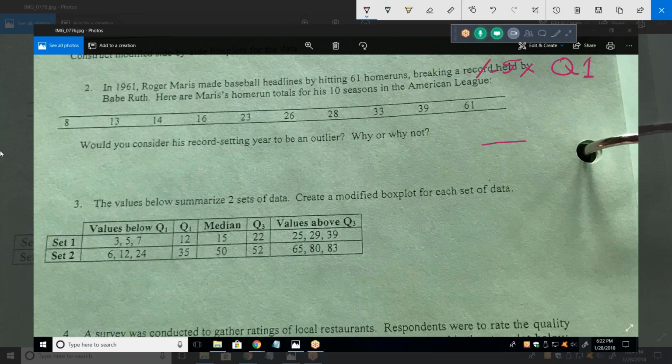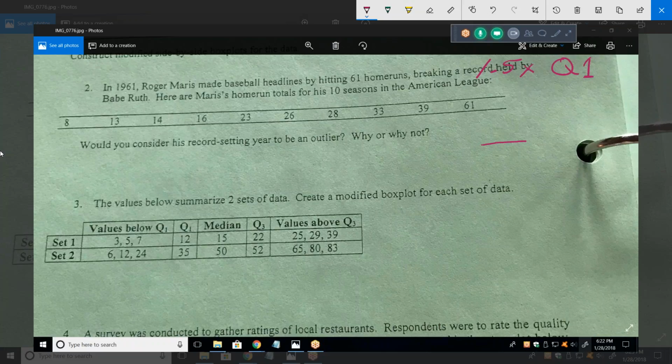Okay, so what's the median here? If it's an even number, which this is, he's only played 10 seasons, then it's halfway between the 5th and the 6th. If it's an odd number, it's a specific number. But if it's an even number, you have to take halfway between the two numbers.